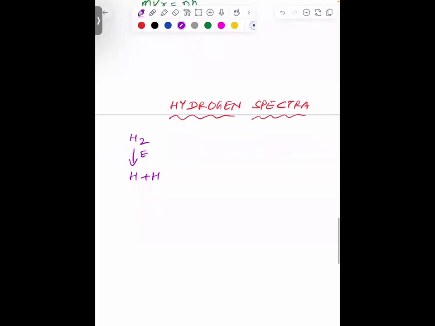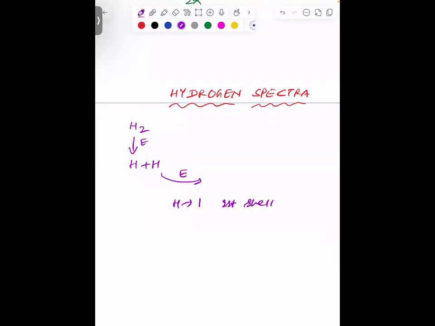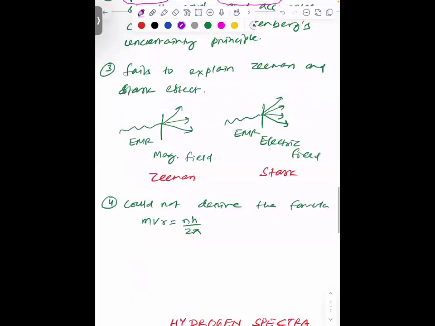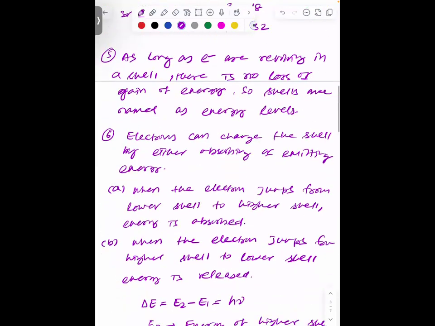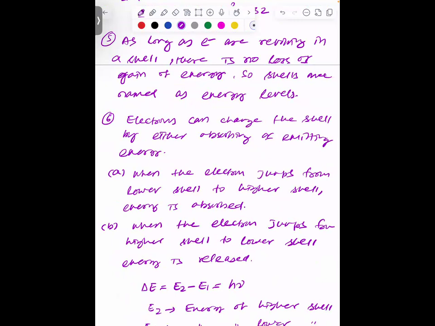Now, if we are still supplying the source of energy, then the electron from hydrogen. Originally hydrogen has only one electron, so that electron must be present in the first cell. By absorbing energy, now apply the postulate: when the electron jumps from a lower cell to a higher cell, energy is absorbed.